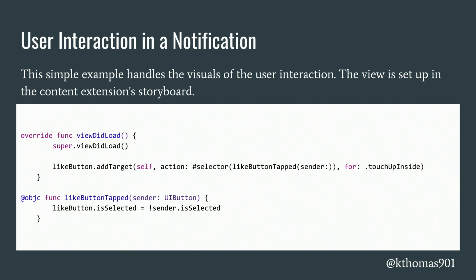So what I'm doing in the viewDidLoad is just adding a target, and then when that target is selected, I'm just reversing and deselecting or selecting that button. So I'm not doing anything really complex for the demo app, it's really just for the aesthetics. But in a production app, you probably want to store that information, right? And then so that you can access it when the main app is loaded.